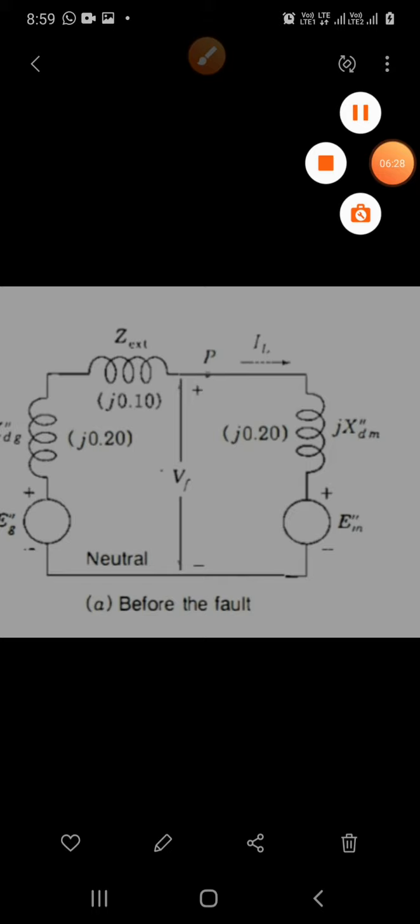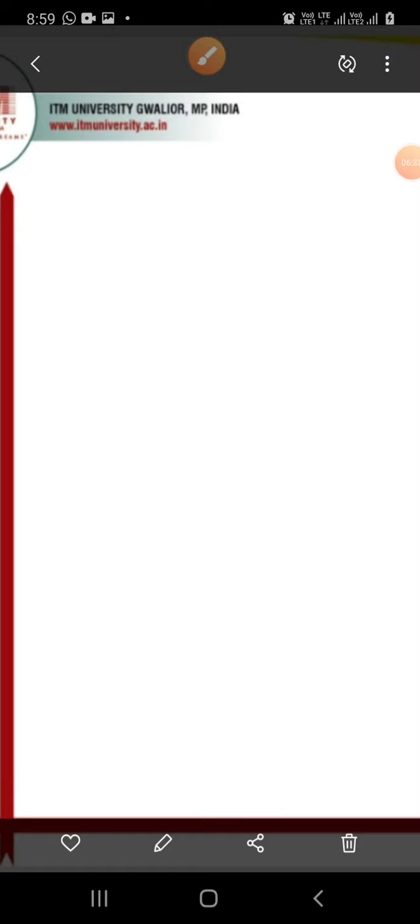Choosing here a base of 30,000 kVA as per the question, the base is 30,000 kVA, which is given in the question, and the voltage is 13.2 kV.